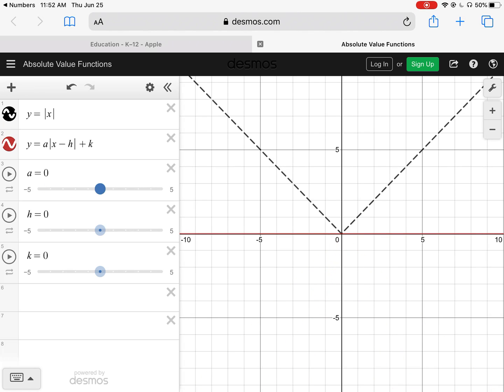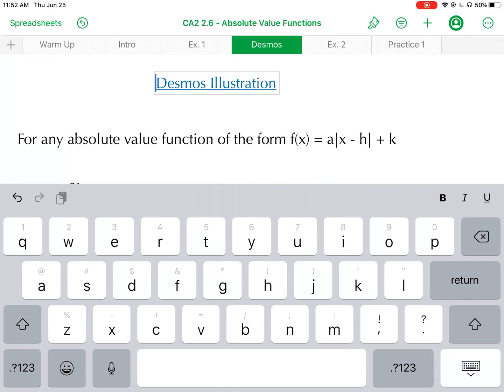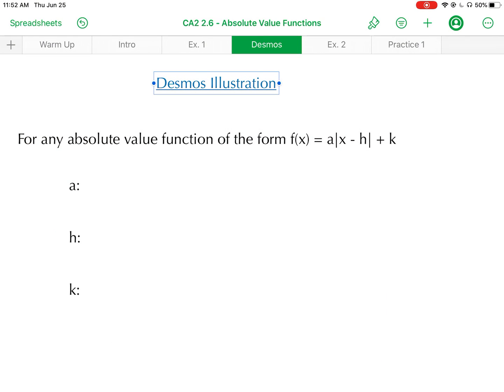Okay, so let's formalize that into our notes. We'll say that the a value controls a couple things for the graph.